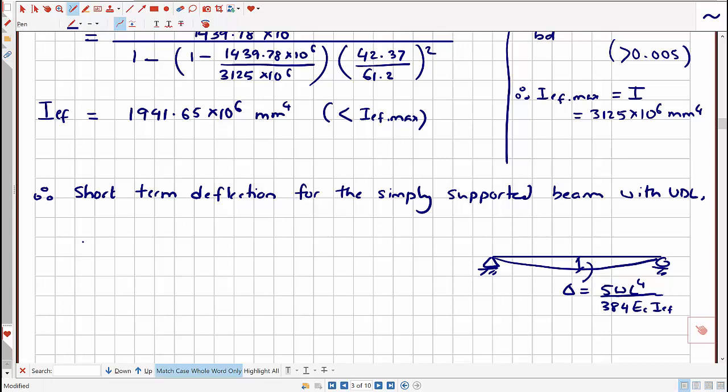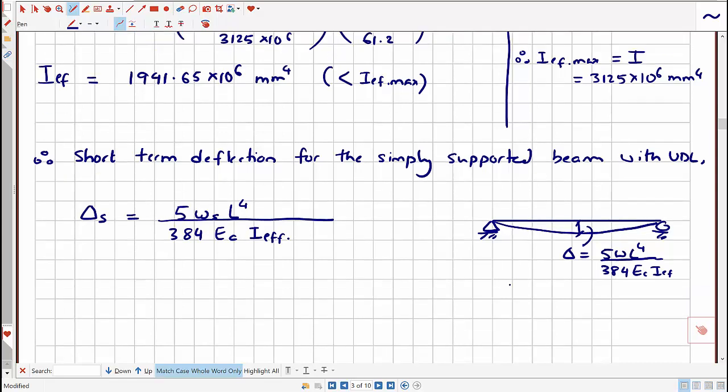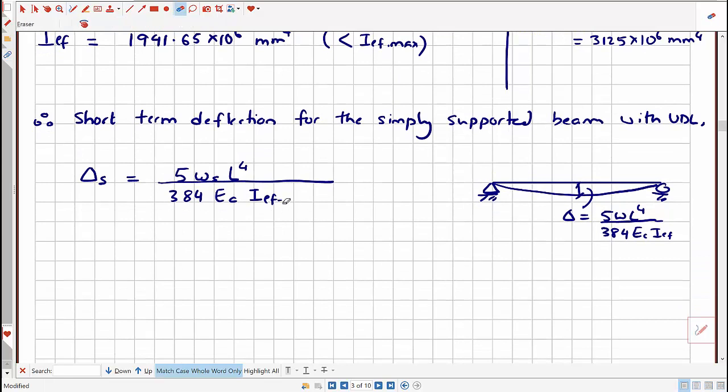So using that, for the short-term loading, the maximum deflection at midspan is 5 W_S L⁴ over 384 times Young's modulus of concrete and the effective moment of inertia that we just calculated.